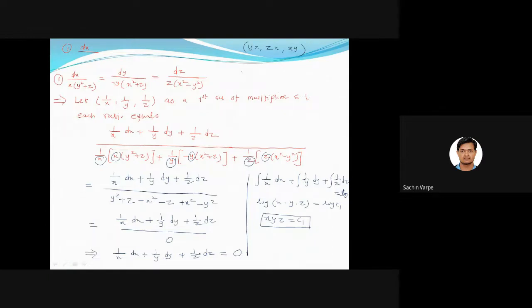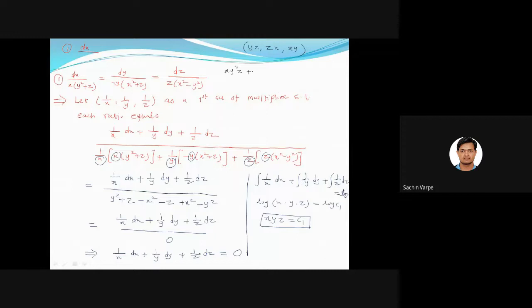yz. So that will be xyz minus xyz and plus xyz. Just check everyone. Will it work? Will it give the zero denominator? xy, so x y square z, right?